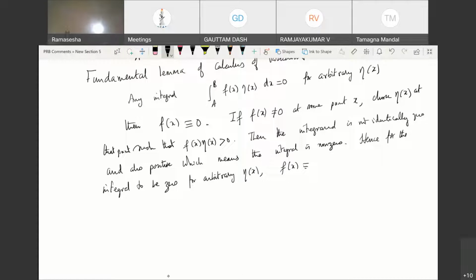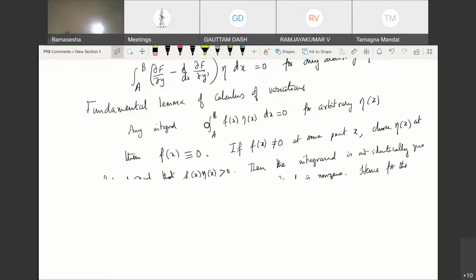Okay, so what was the integral that I had? I had the integral of (del f by del y) eta plus (del f by del y prime) eta prime dx.